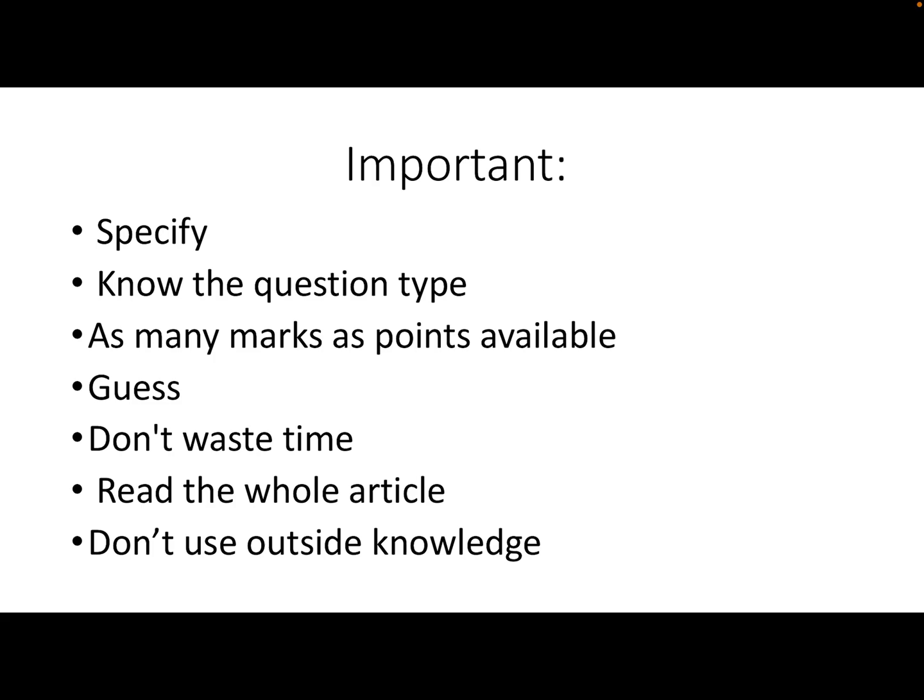How does using an exclamation mark, in this case, help this specific writer's point? And in order to prove that, you need to explain what their point is, because you need to show that you've understood it. You need to know the question type. Do not be writing in your own words answers to a question that requires you to use TEAL structure. Do not be using TEAL structure for a question that requires you to do something else.